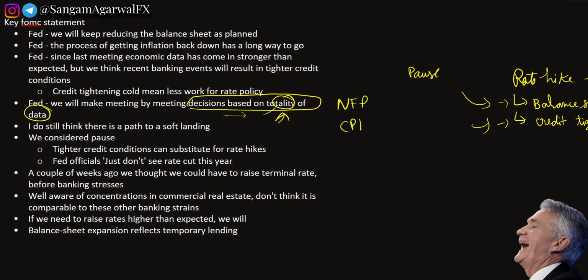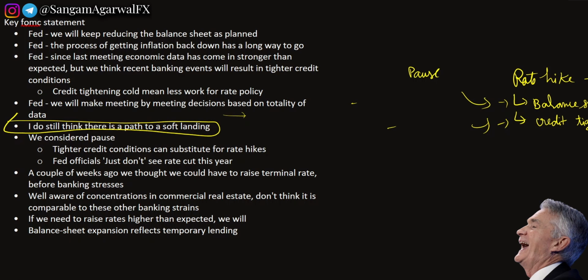And when he says totality of data, that means other economic indicators and other news, more than NFP and CPI, can change his monetary policy decision. And if in the upcoming week there is a new bank collapse, then he can ignore NFP and CPI and change his monetary policy decision. That is why he is using that phrase a second time.